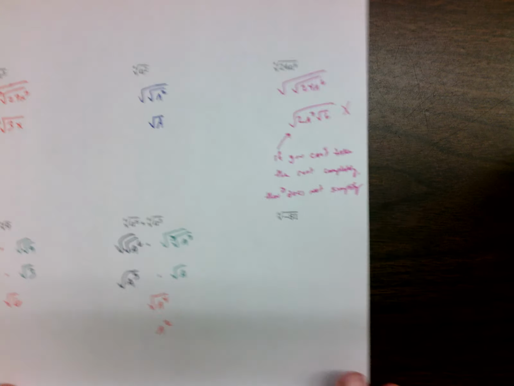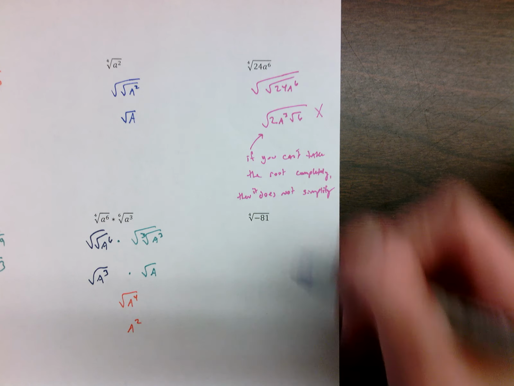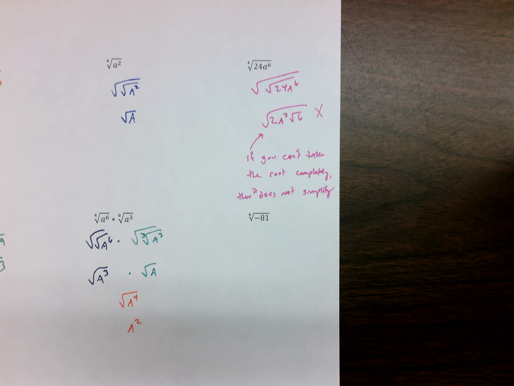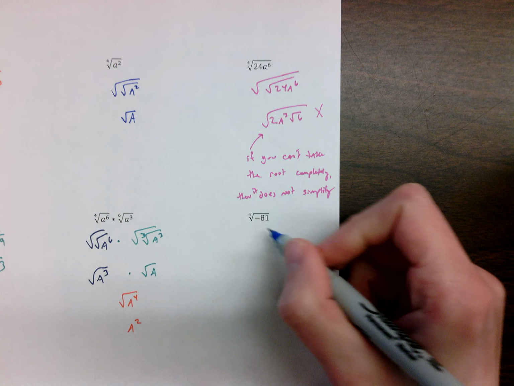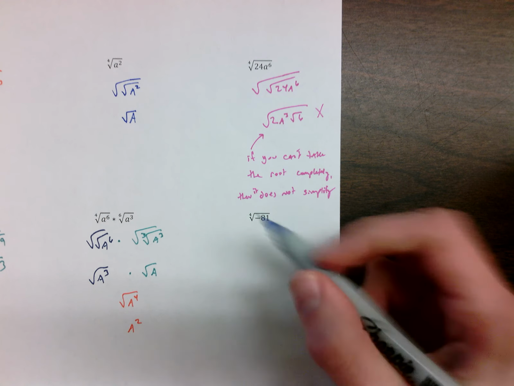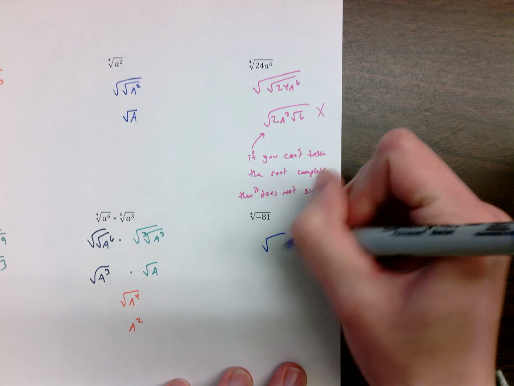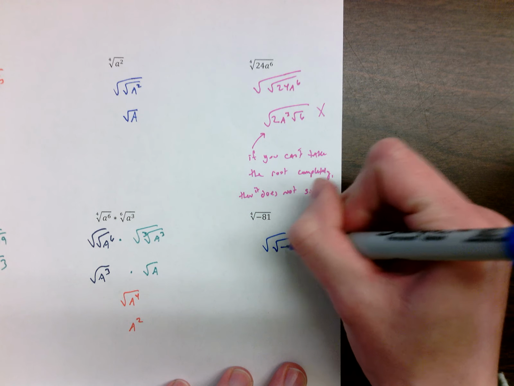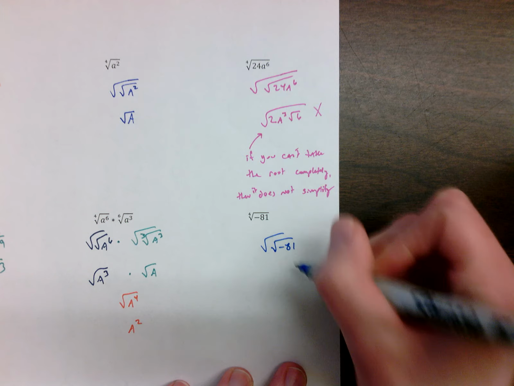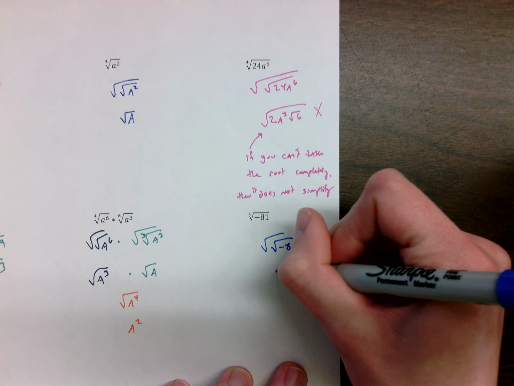All right, cool. And then this last one here. This is the one that I wanted to take a look at. With this guy here, when we try to use our rules, this is where I want to demonstrate this whole i thing when it comes to higher powers. So using this partial root rule, I can simplify this to the square root of the square root of negative 81. And then I know that the square root of negative 81 is negative, nope, it's not, I'm sorry.